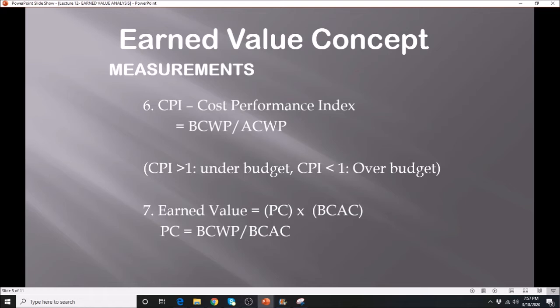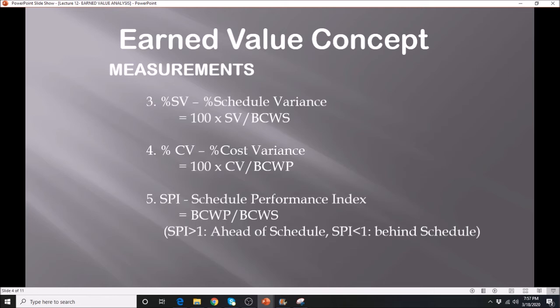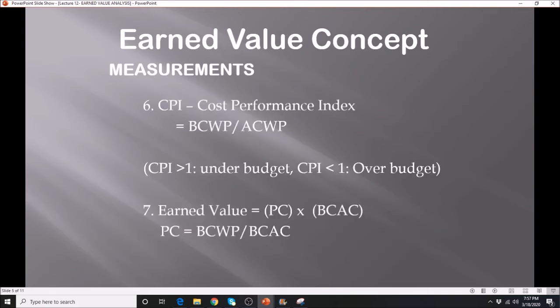If your formula number 1 says that you are behind schedule, your formula number 5 should tell you also that you are behind schedule. If your formula number 1 says that you are ahead of schedule, well, your number 5 should tell you also that you are ahead of schedule. They should not contradict, because you can use either of those two formulas to tell you whether you are behind, ahead, under, or over budget.